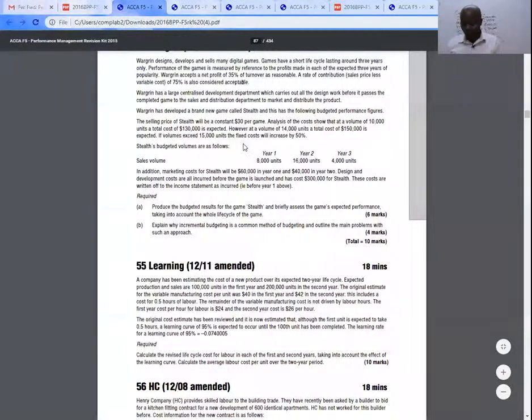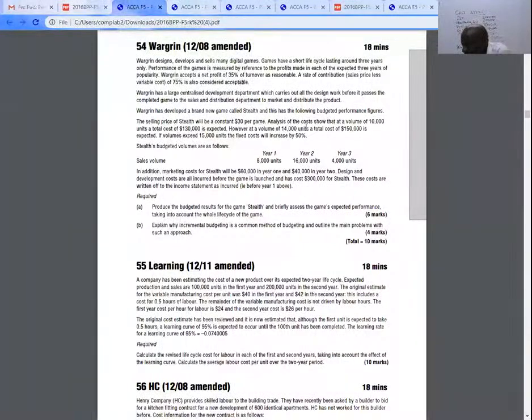Now, here the catchword is just one. They have told us the selling price of the steel will be constant at $30 per unit. Analysis of the cost shows that at a volume of 10,000 units, total cost will be $130,000. Please underline the words total cost.